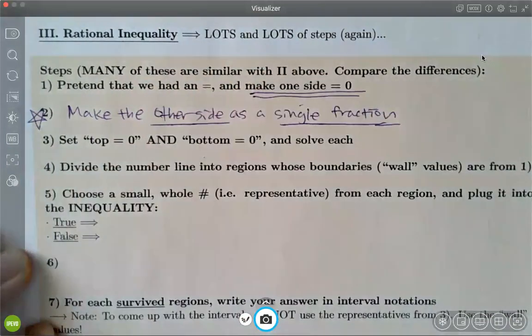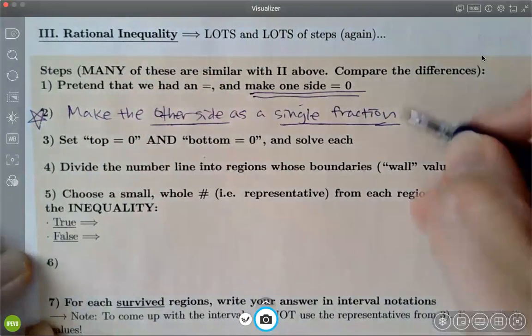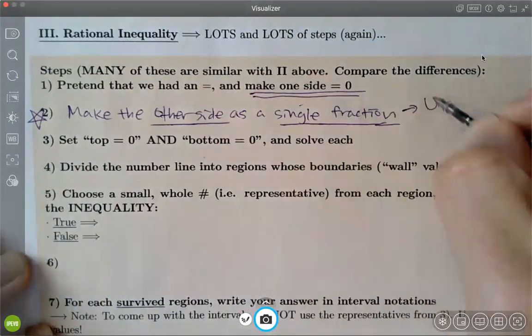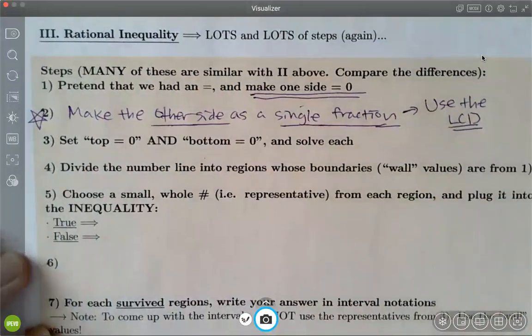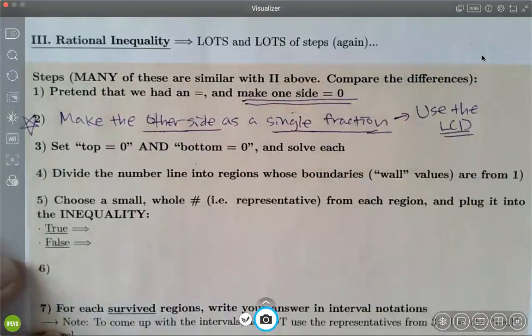Okay, and now here we have to use the LCD. Okay, so now let's look at a simple example for this step number 2.